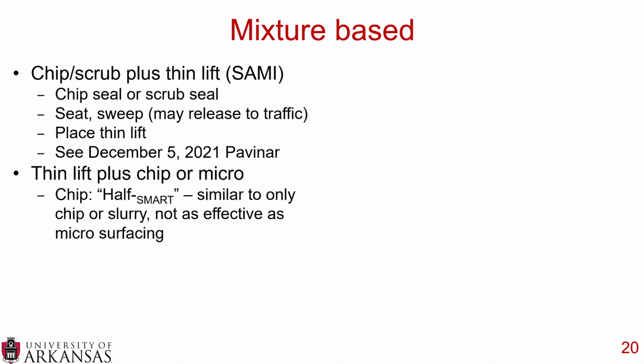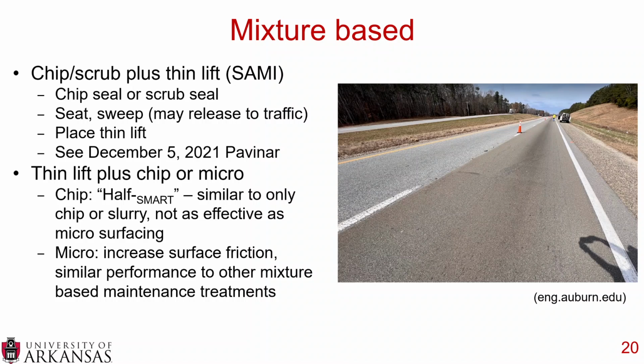That was just one study where they put a thin lift and put a chip seal on top. They also found that when you placed a microsurfacing on top of a thin lift, it increased surface friction, and it had similar performance to other mixture-based maintenance treatments. So that's just one study from Illinois, but it's definitely something to consider.